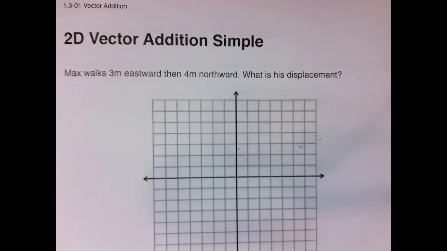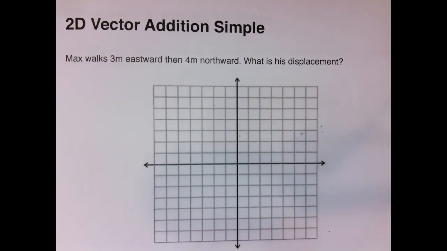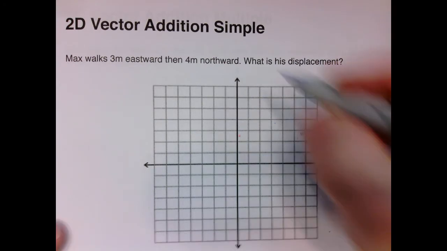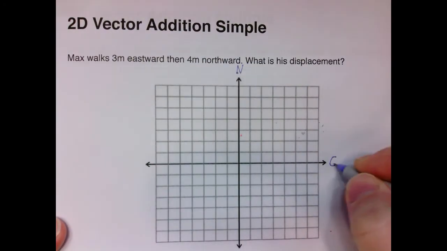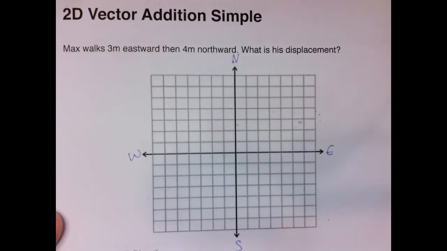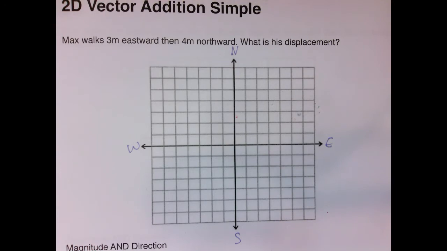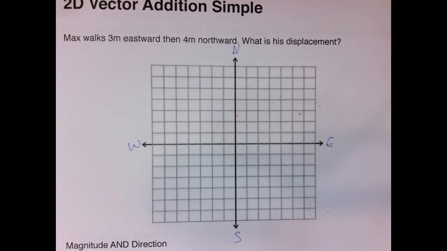Let us now look at two-dimensional vector addition. So we have our coordinate system here, and let's label the directions. We have north, east, south, and west. And we have Max walking. We don't have an initial position, so we're dealing with displacement in this case.